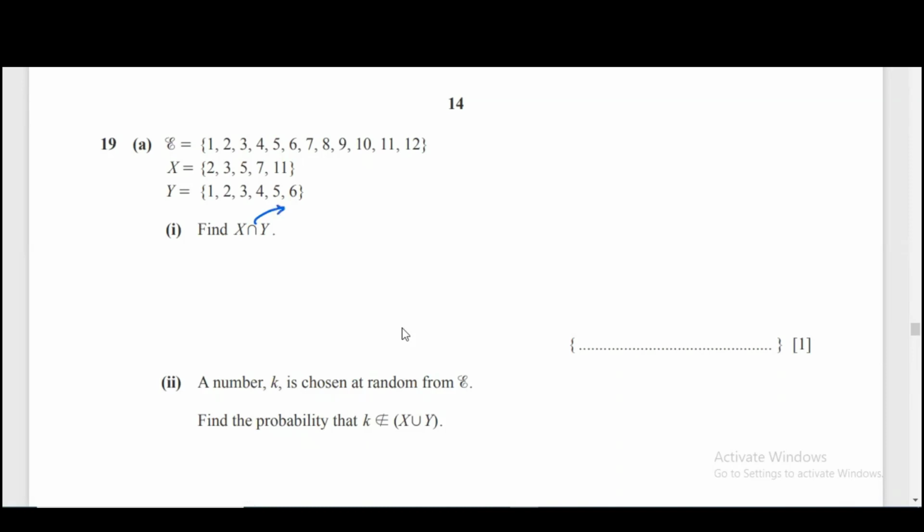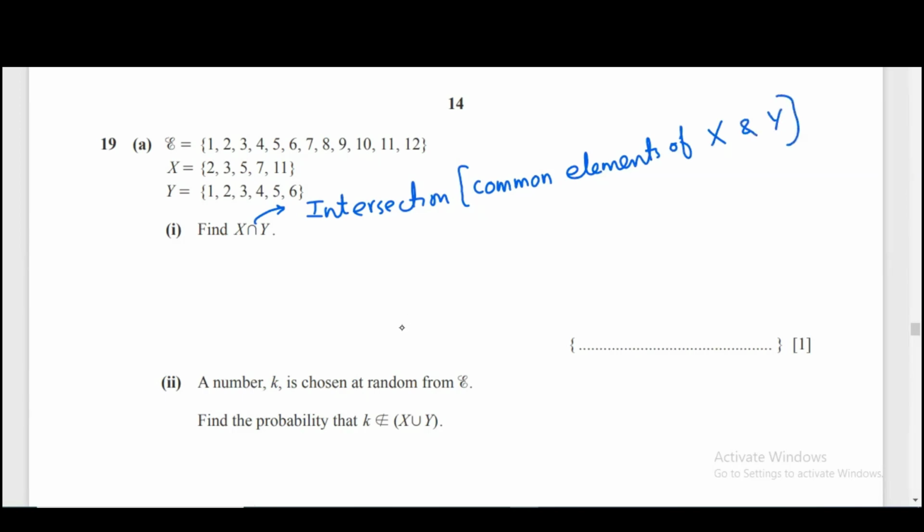X intersection Y is the set which has all the common elements of set X and set Y. So observe the common elements in the sets X and Y. 2 is common, 3 is common, and 5 is common here.